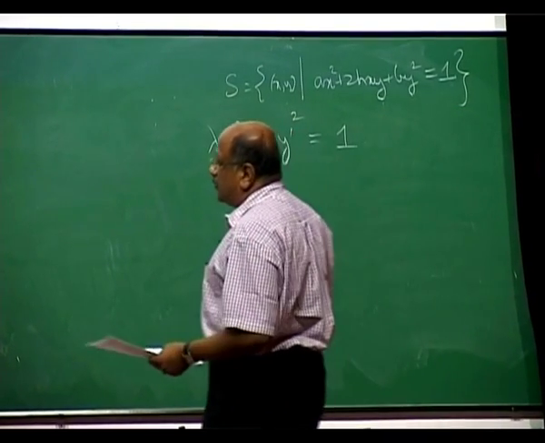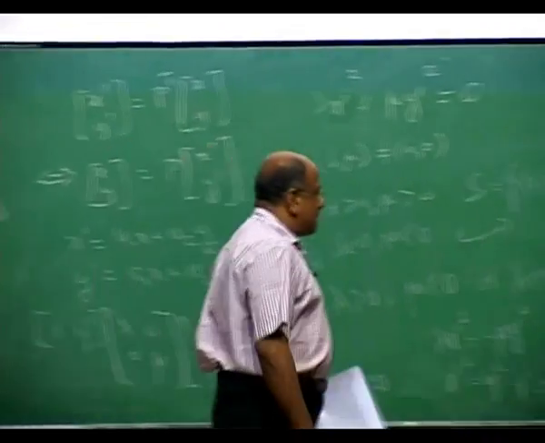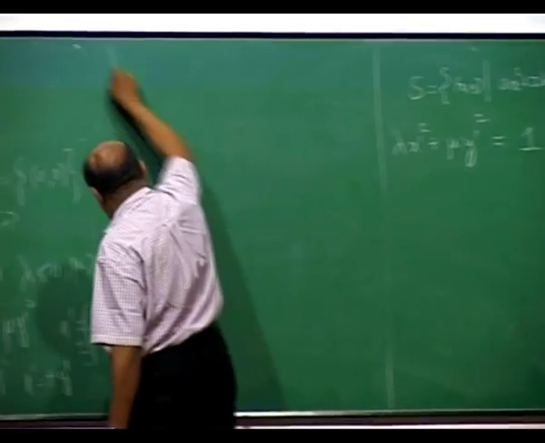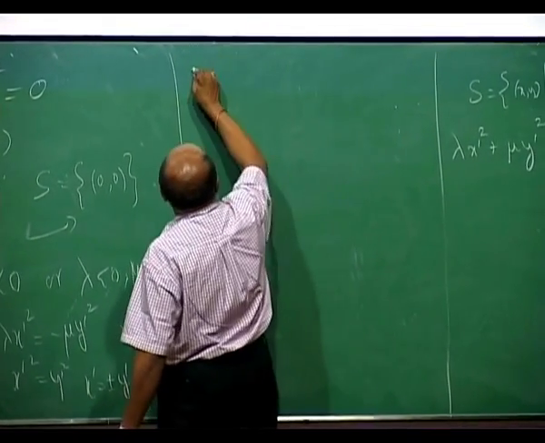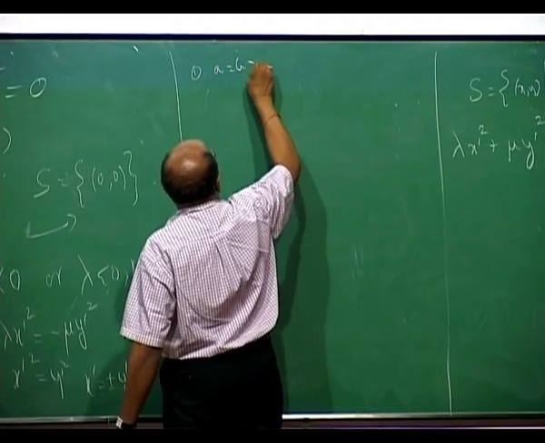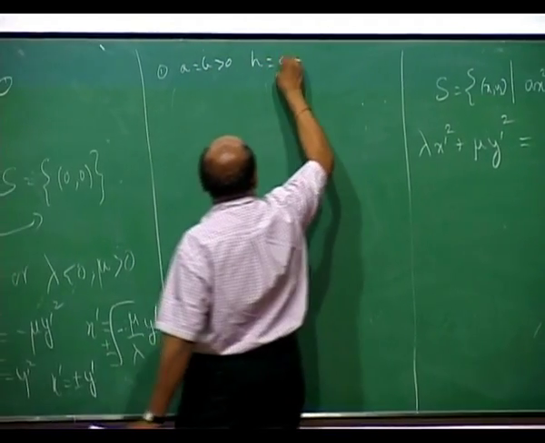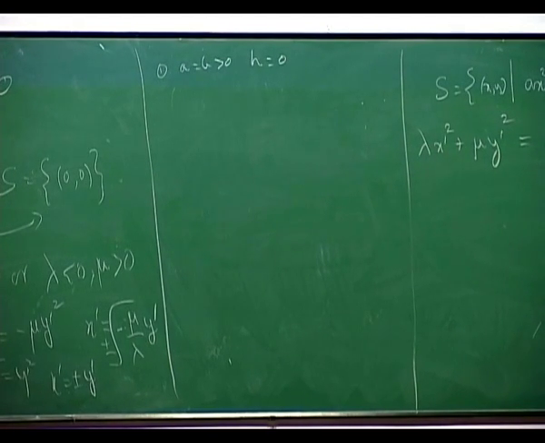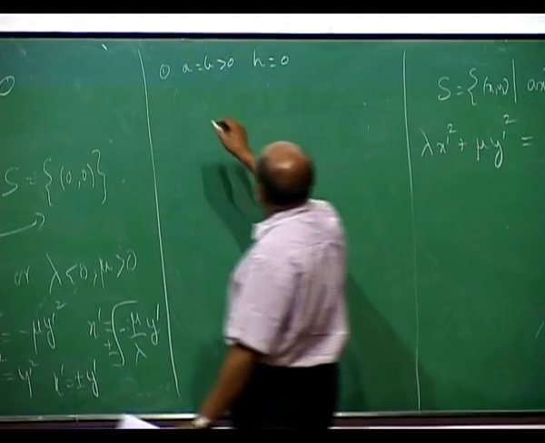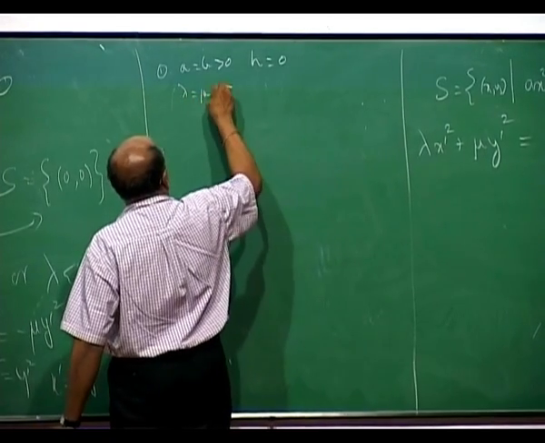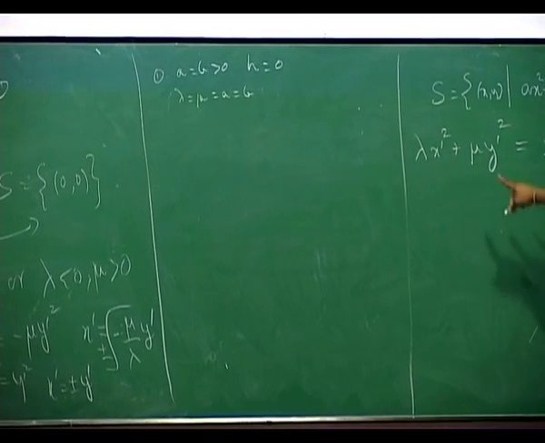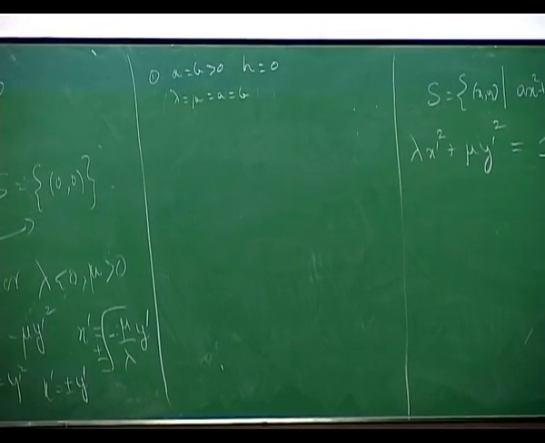So now let's look at the various cases. First, if a equals b is positive and h equal to 0, then lambda equals mu equals a equals b, and this equation is a circle.